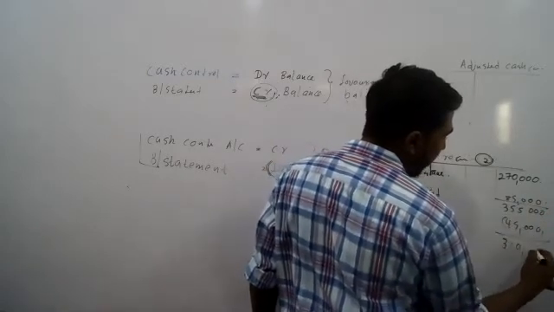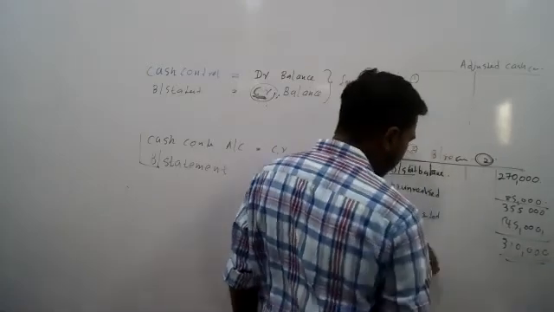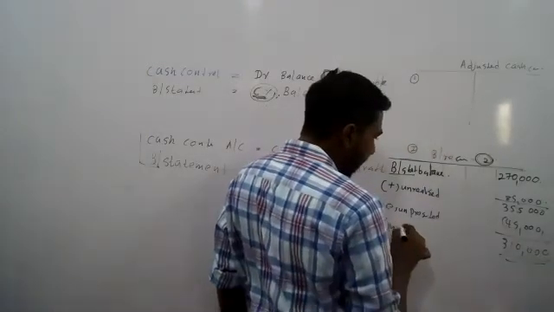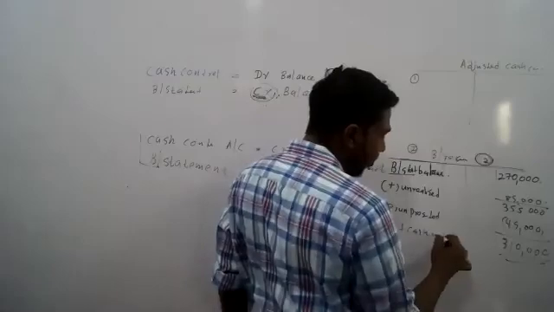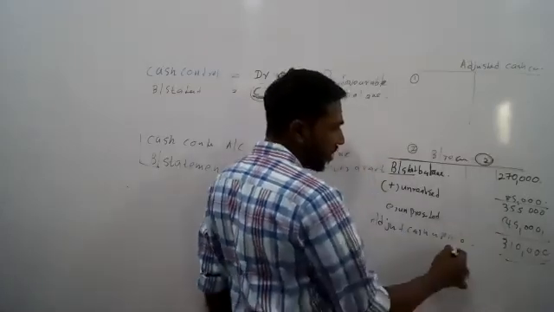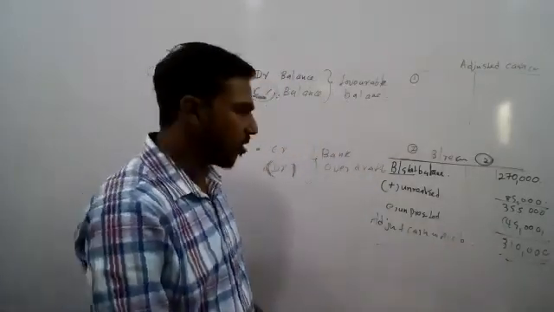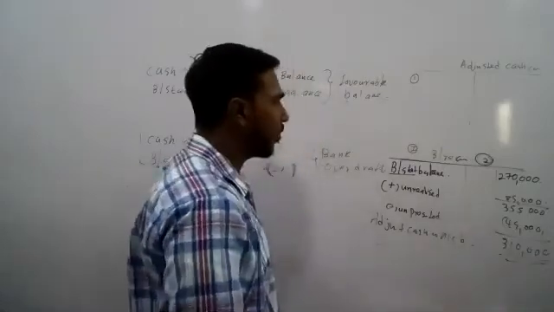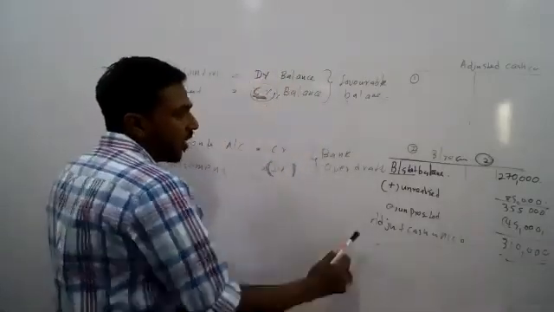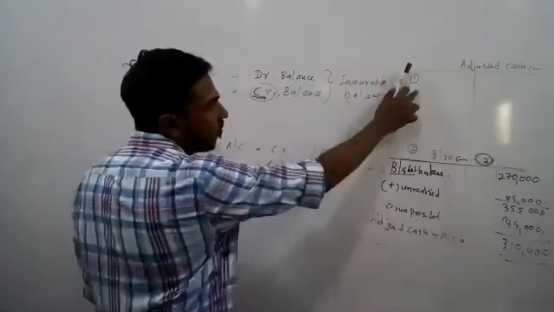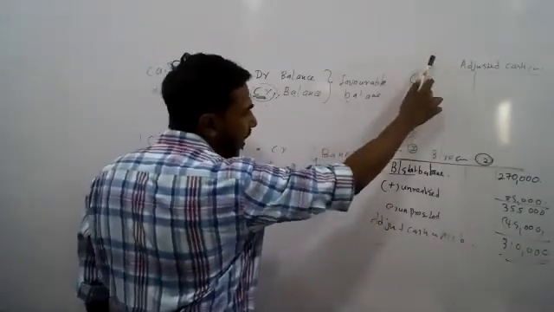Then this is 310,000. This balance is called the adjusted cash control account balance. The change is not the bank account; it should be the adjusted cash control account balance. Sorry, I forgot to tell you. Clear? You can't calculate this question from here; it's method 2.